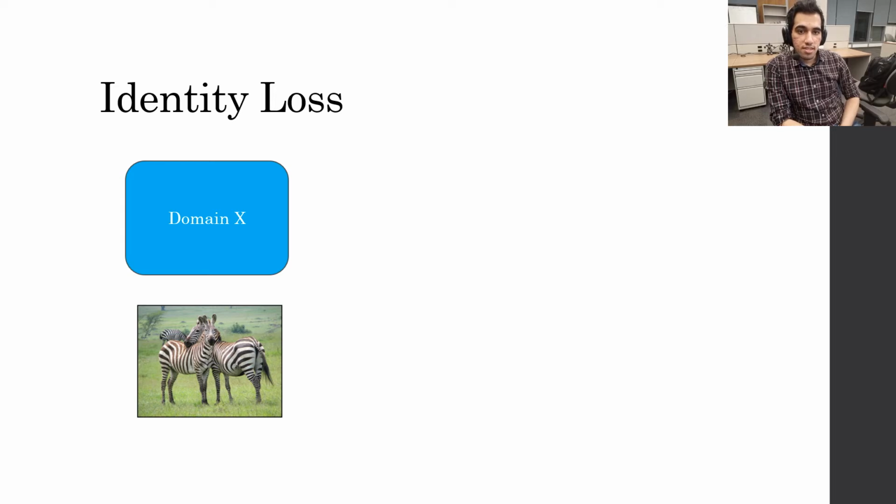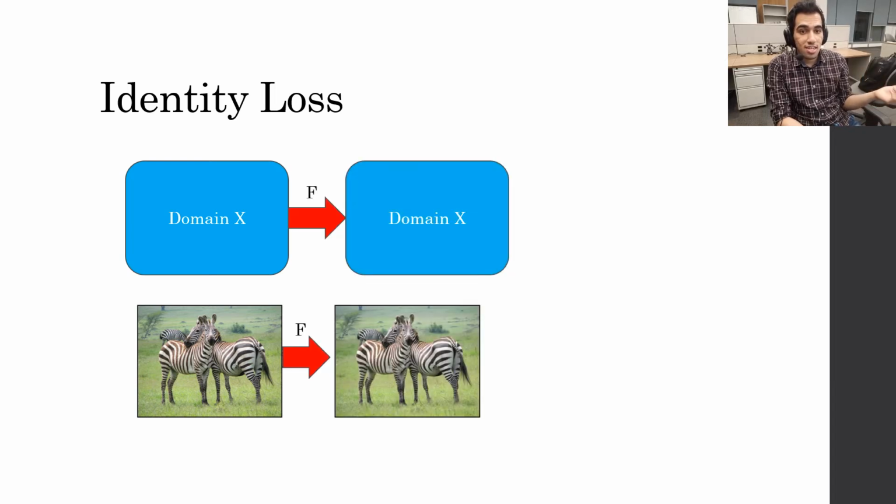One other loss that they use in their model is the identity loss. What this does is, assuming we have an image from domain X, we apply generator F to it. The job of generator F was to convert from domain Y to domain X, so technically it shouldn't have any bad effect, and we should eventually get the same result, with no change in the output domain.